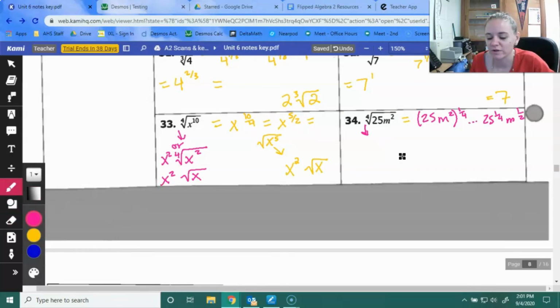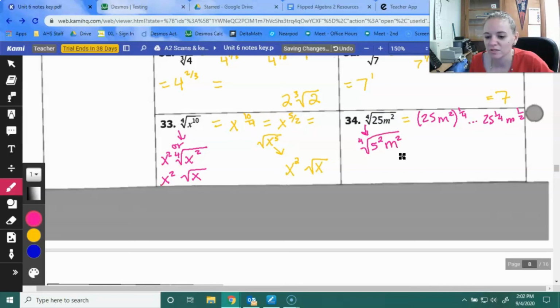I can convert the 25 to where it has an exponent of 2. In this case, I know that 25 is the same thing as what? That has an exponent of 2. What number squared gives me 25? 5. So I would have 4th root of 5 squared times m squared.